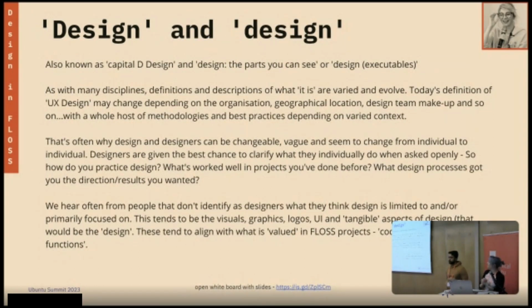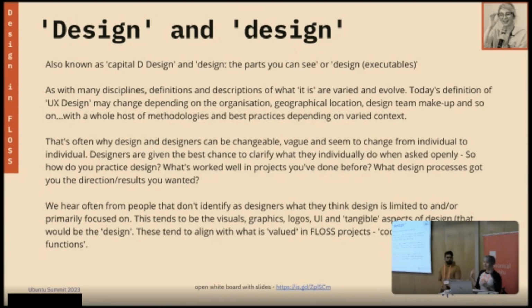So this is, for those of you in the room that aren't familiar with all the different kinds of design that can be done, I try to explain and categorize two different types of design, although that's fairly crude, I would say. It can be a lot more complex than this, but this is a reasonably easy way to categorize two different kinds of design. So the first kind of design we call capital D design.